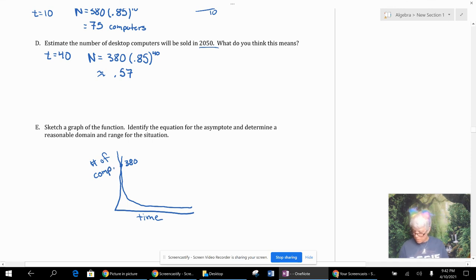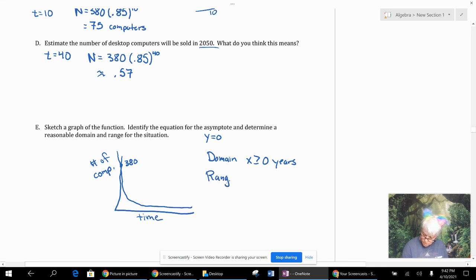Now, the domain here, we'll go ahead and say that the asymptote is 0. But again, it's kind of a silly example. And then my domain, my x values, is greater than or equal to 0 years, because I can't go any less than that.